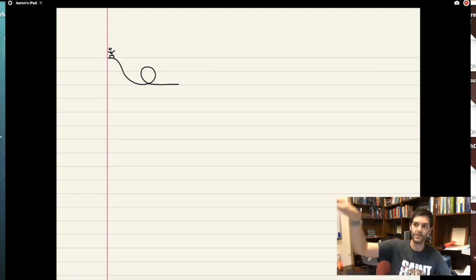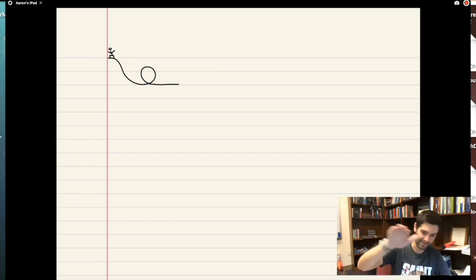You slow down as you go up, and then once you get over the loop, you seem to speed up as you go back down. Usually they'll design it so it almost feels like you're not going to quite make it, and then you make it, and then you speed back up. So we can ask, what are the forces acting on my little roller coaster car? And what is providing me circular motion versus just speeding up or slowing down?